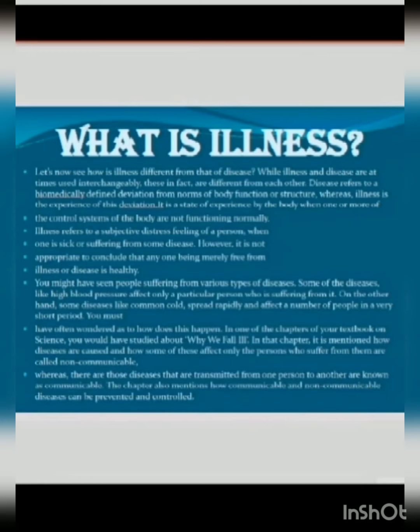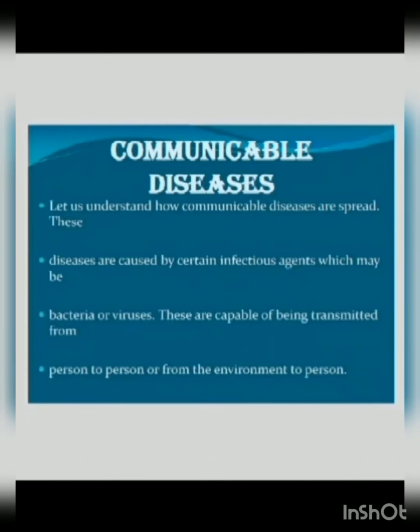In that chapter, it is mentioned how diseases are caused and how some of these diseases affect only the person who suffers from them; these are called non-communicable diseases, whereas those diseases that are transmitted from one person to another are called communicable diseases. Let us understand how communicable diseases are spread.